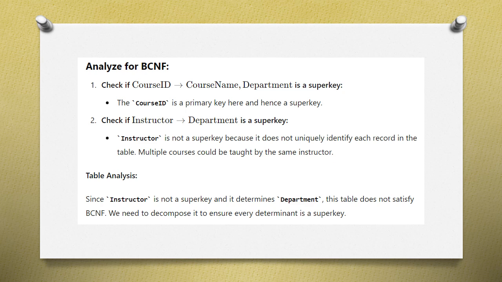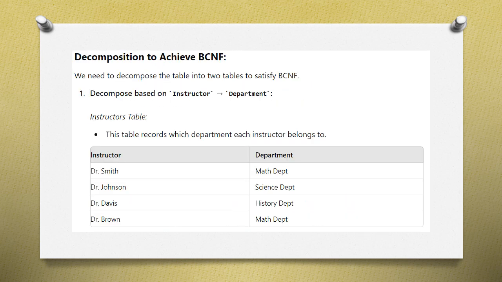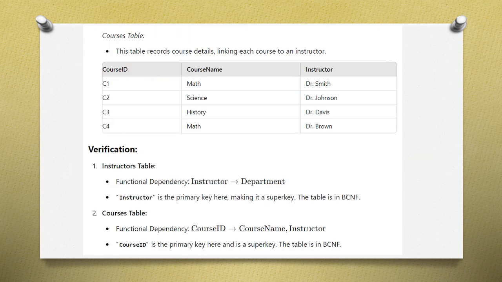How will we do that? Let's see. The department can be determined by the instructor, and instructor is now the super key. So the condition for BCNF that the determinant must be a super key is fulfilled, and now after decomposing the initial table into these 2 tables, we have achieved the Boyce Codd normal form.